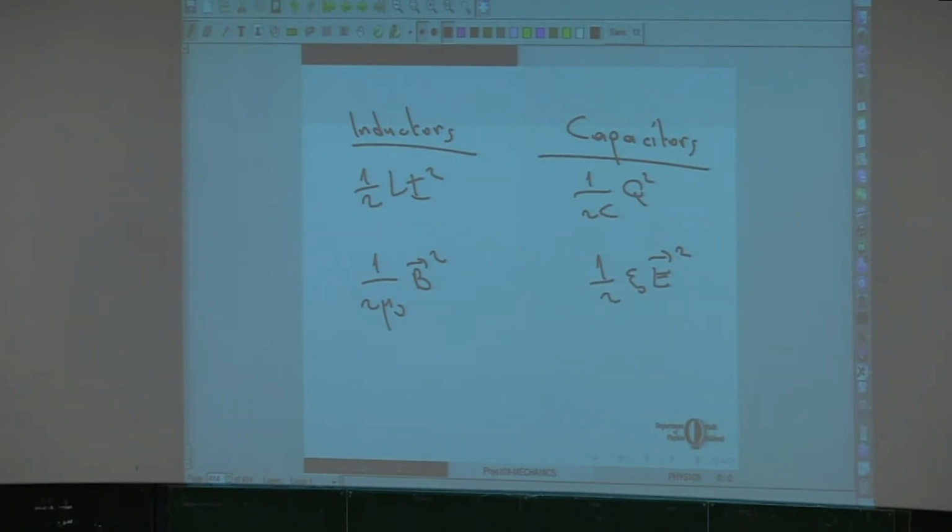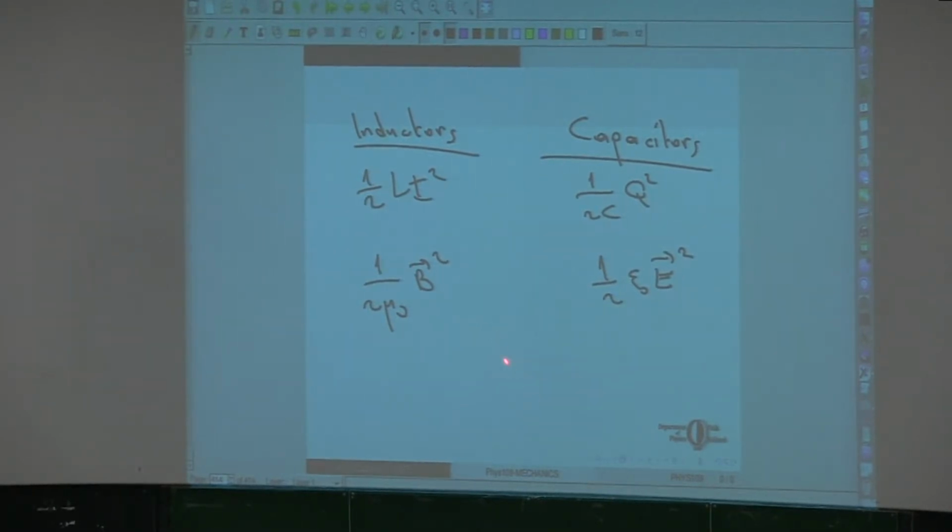We are creating a magnetic field in the inductor, and the energy stored in the inductor we could interpret as the total energy stored in the magnetic fields inside the inductor. And the energy density in the magnetic field is proportional to the square of the magnetic field, just like the energy density in an electric field was proportional to the electric field squared.